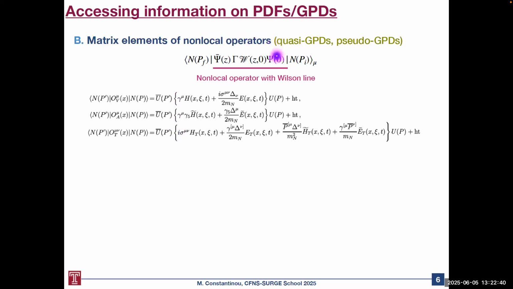Maybe if I create a correlator that resembles the one on the light cone, where your quark fields are separated by some distance and you have a Wilson line, I can no longer say that this distance is governed by the light cone, but I can certainly calculate on the lattice a matrix element where the quark and anti-quark are separated in the spatial direction.